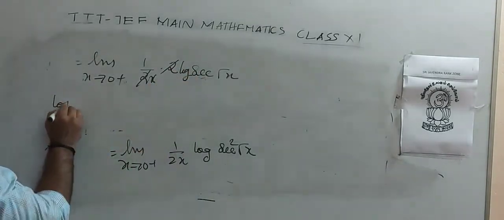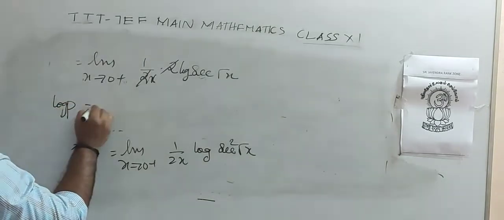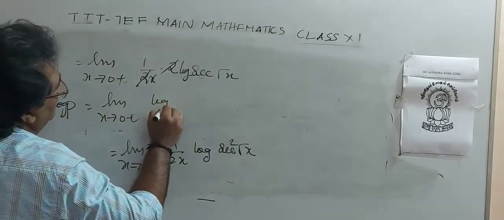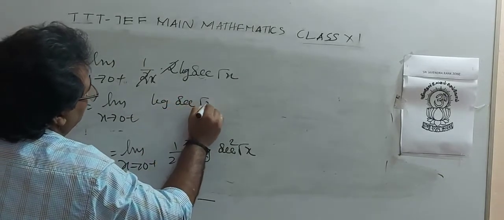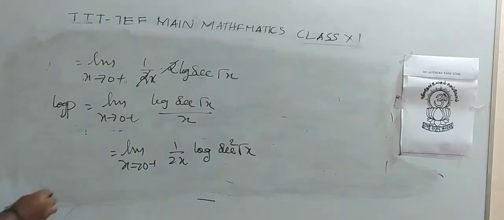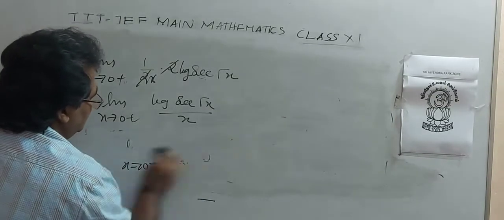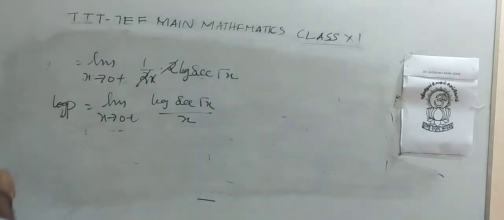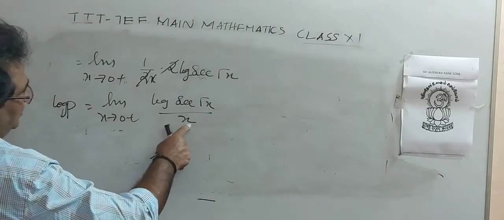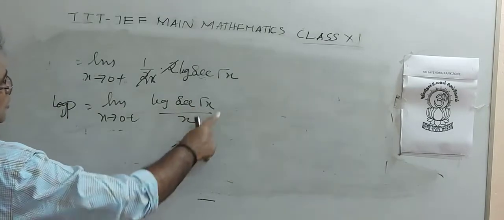So log p equal to limit x tends to 0 plus log secant root x by x. If you apply the limit 0, secant 0 is 1, log 1 is 0, so it is a 0 by 0 form.